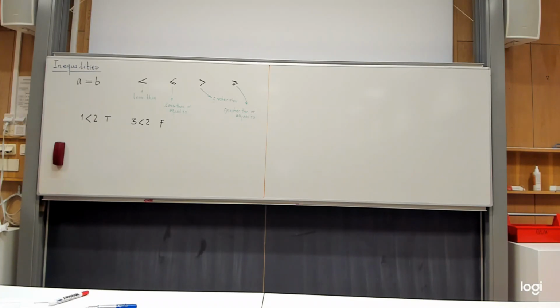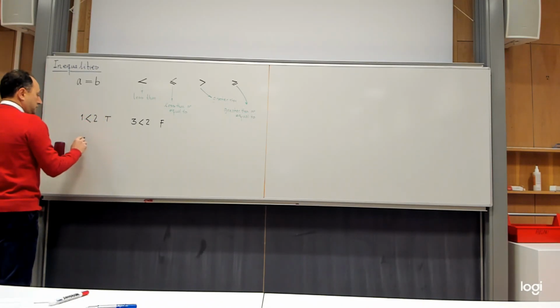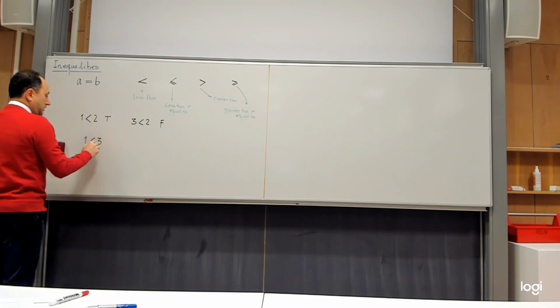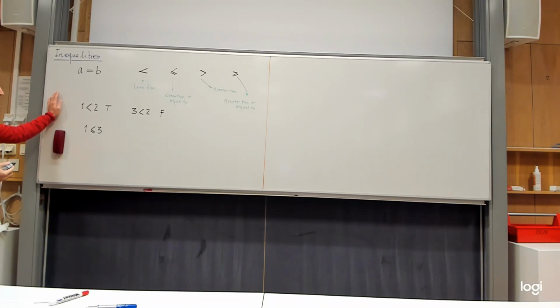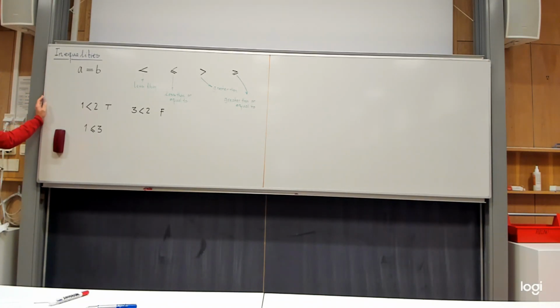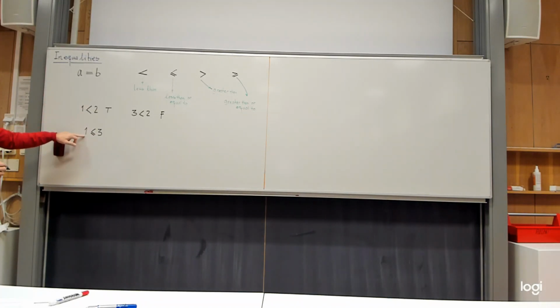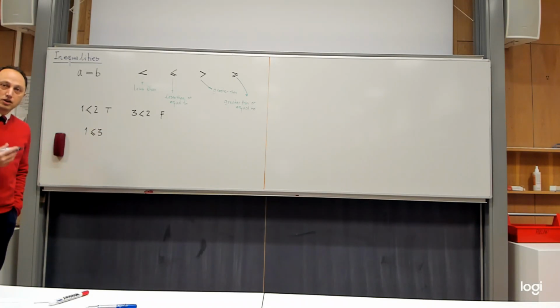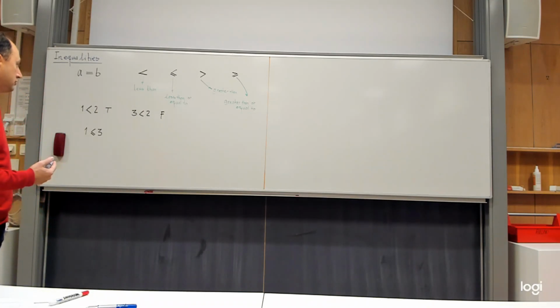So what about, for example, this one? If I write 1 is less than or equal to 3, is that true or false? This is true again, because 1 is less than or equal to 3. This is not a false statement, even though 1 is not equal to 3, for sure.